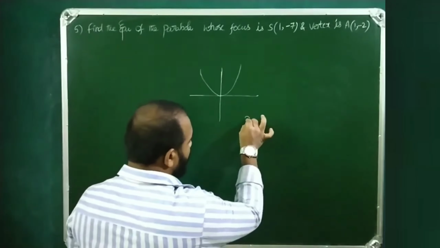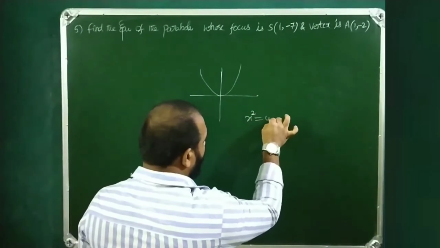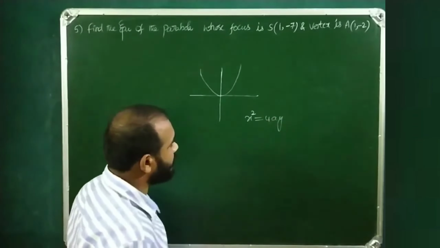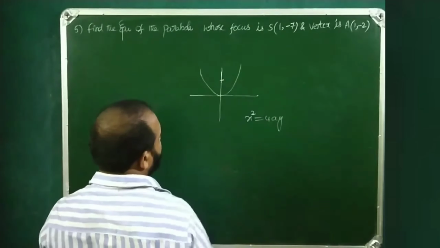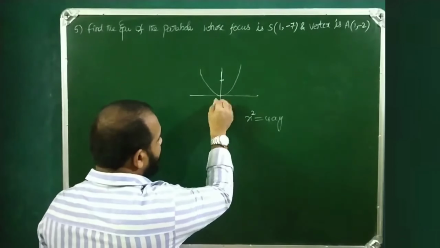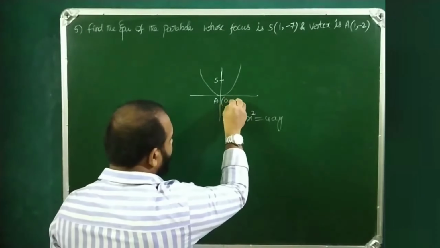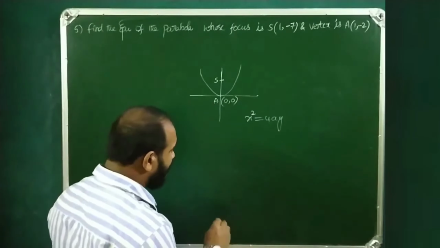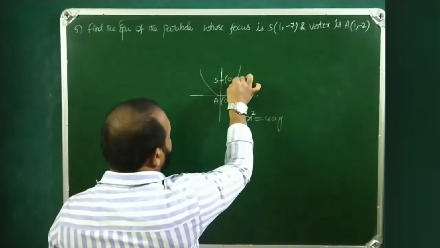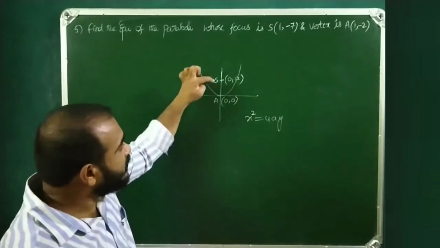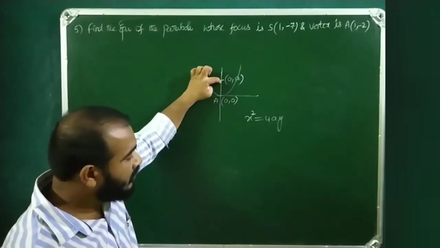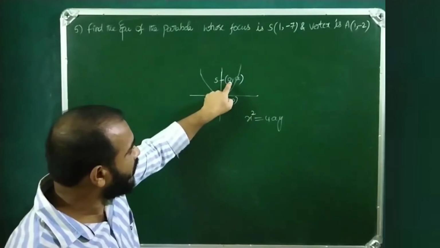So this is x square equals to 4ay. So for this parabola, this is the vertex, this is the focus. So the vertex is 0, 0 and the focus is 0, comma a. Why? Because this point lies on the y-axis, x coordinate is 0.